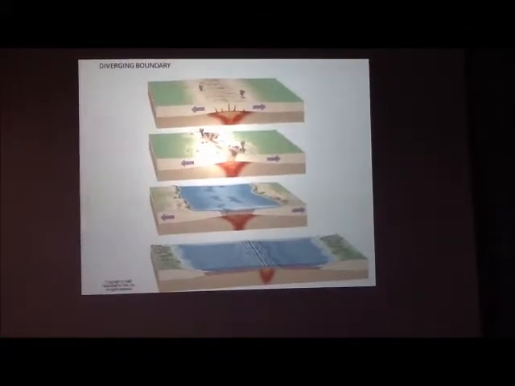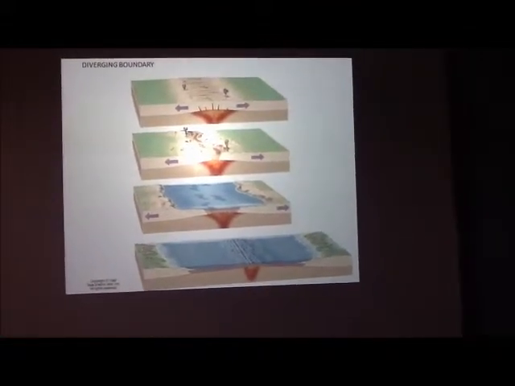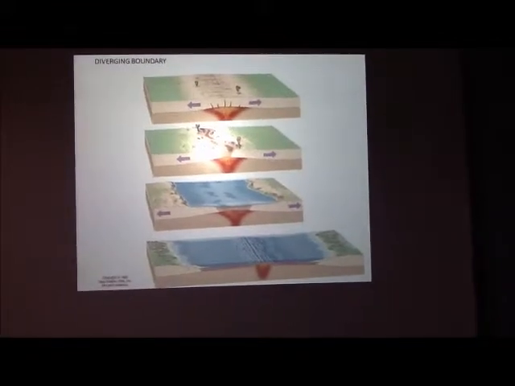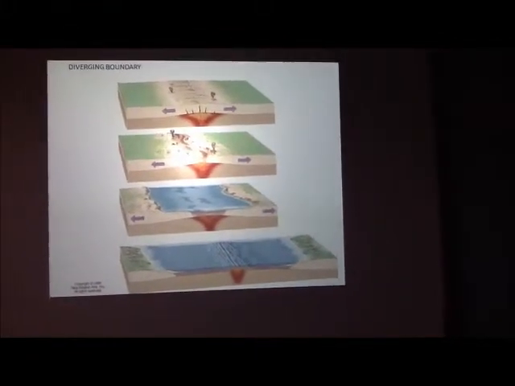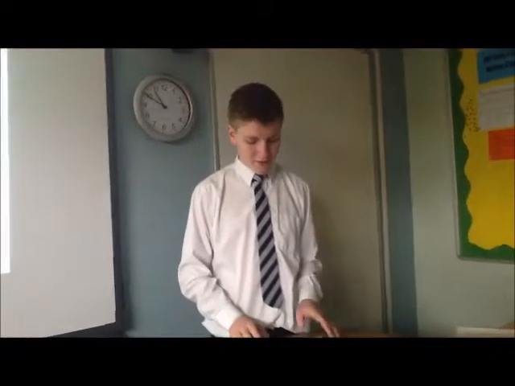And this will create new land due to the rising of magma, as you can see there in the examples on the board. There are also regular breaks across the ridges, and these are called transform faults. And shallow focus earthquakes and submarine volcanoes also occur at these points due to the creation of the magma and the rising of the magma.